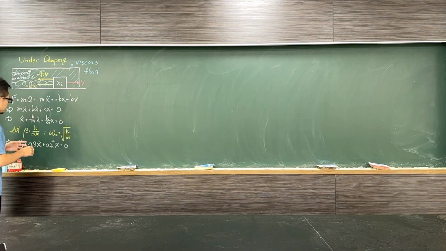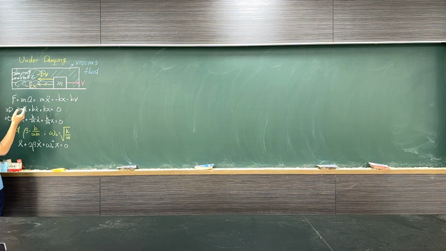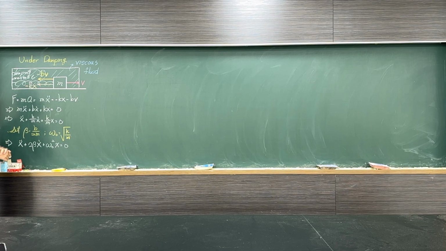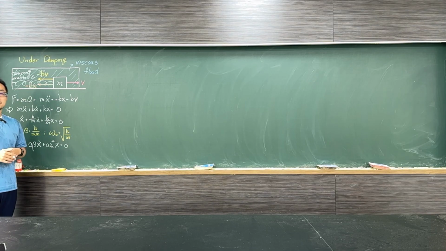But here's the interesting part. For this differential equation, I can see three variables: the damping constant, the mass, and the spring constant. So I can think of a way to decrease the number of variables. I can name beta equal to b over 2m, and omega equal to the square root of k over m.